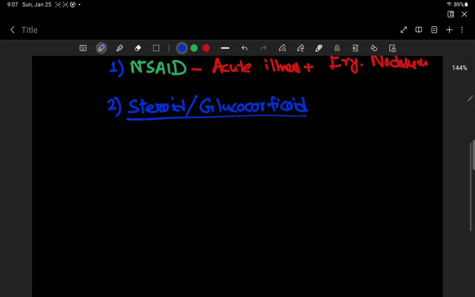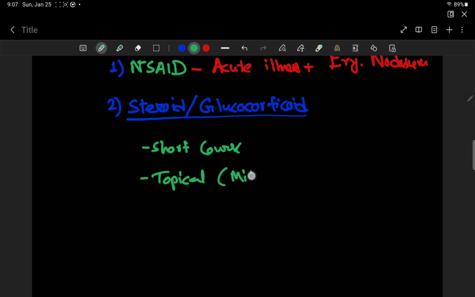Now how can you use it? You can go with a short course for initial presentation, or you can give topical in case of mild uveitis.